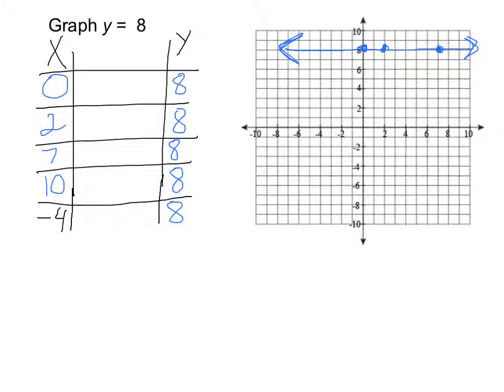Any time you have y equals any number, it's always going to be a horizontal line. So let's write this in a note.